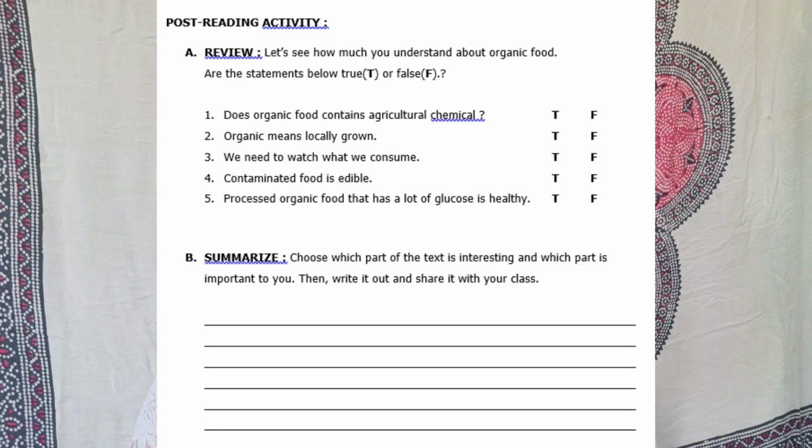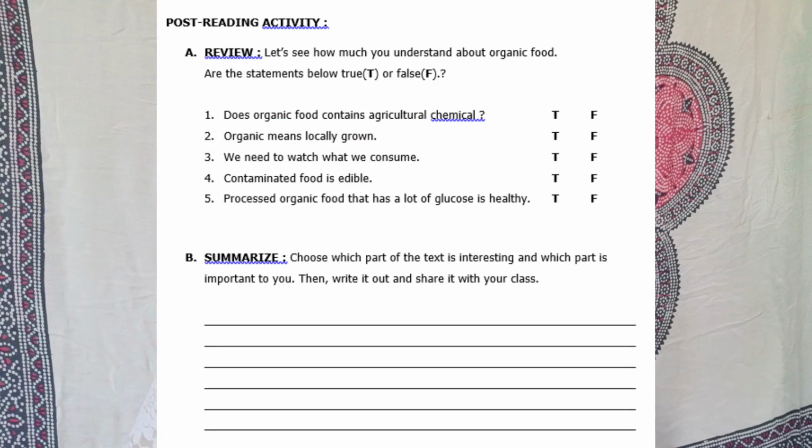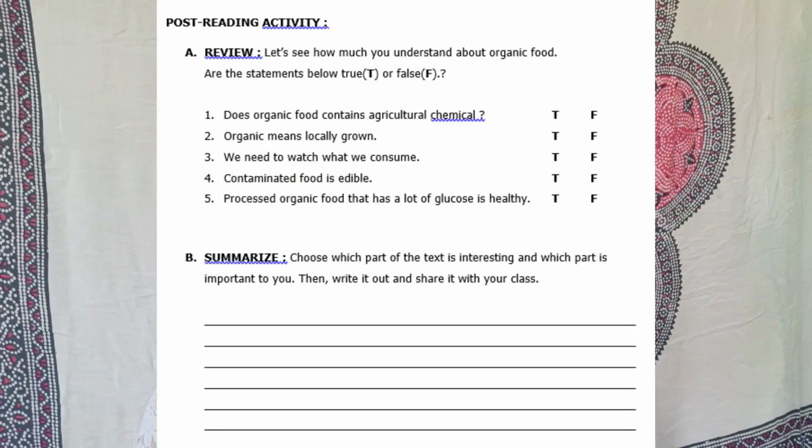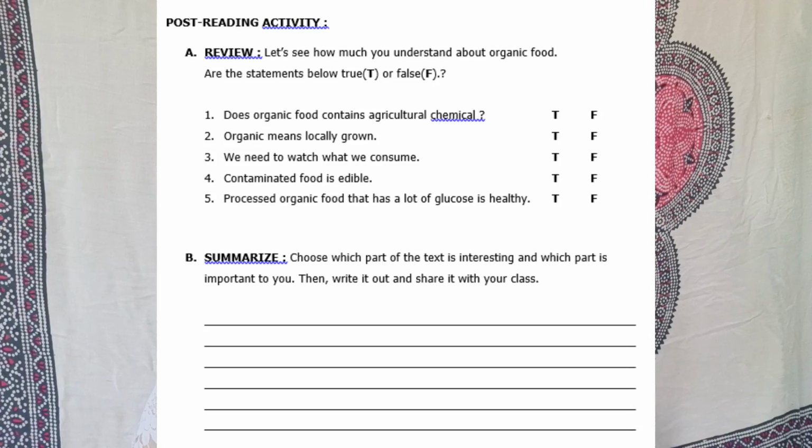In the post-reading activity, there are 2 activities: number 1, reviewing, which is true or false questions about the passage, and number 2, summarizing. Students are given time to summarize what is important and what is interesting to them from the passage.